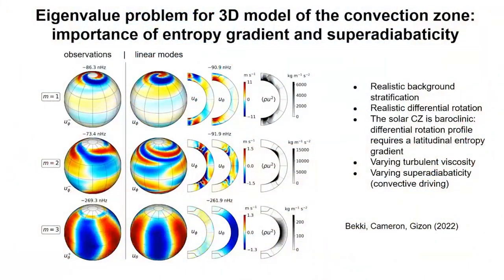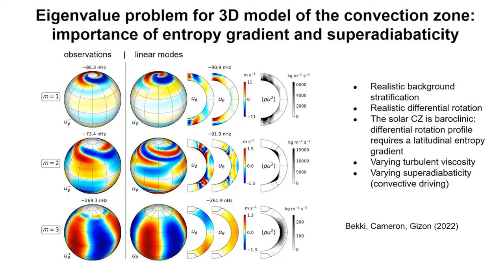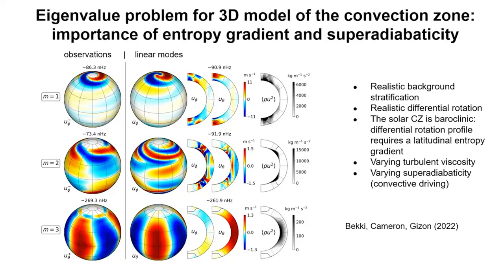So here you have, on the left, the observations for the three selected modes that I showed already earlier. And here you have the eigenfunctions from the best models. You see that at the surface, the eigenfunctions look quite close to the observed ones. The frequencies are also quite close. And the advantage of the model here is that we can see inside the convection zone the amplitudes of the velocities associated with the mode.